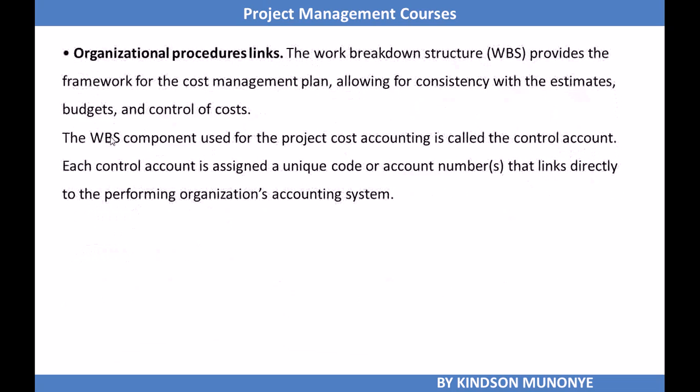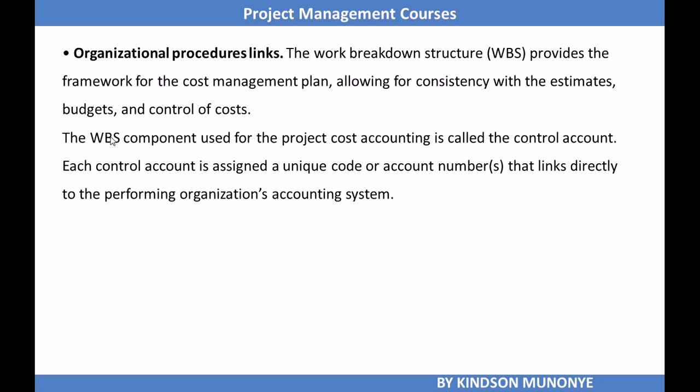Organizational procedures links. For instance, the work breakdown structure provides a framework for the cost management plan, allowing for consistency with cost estimates and control costs. So the cost management plan can also have a link with the work breakdown structure to be able to get relevant information from it.